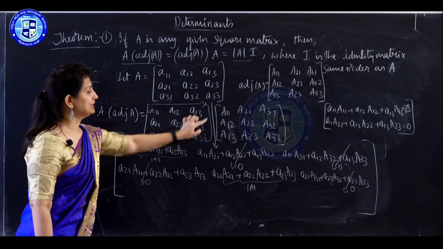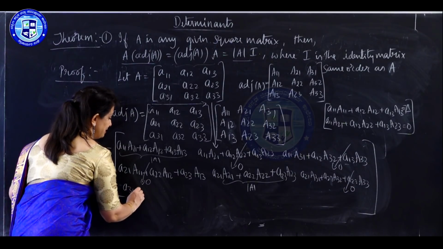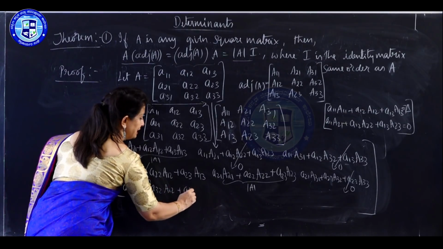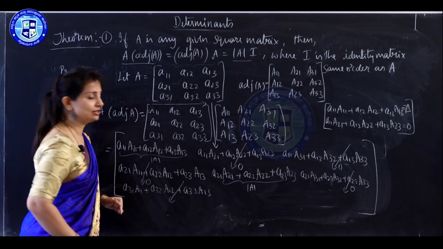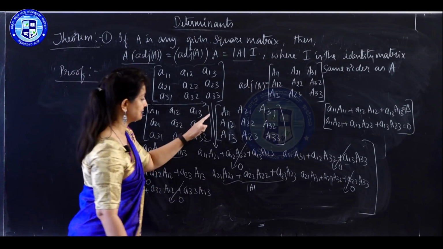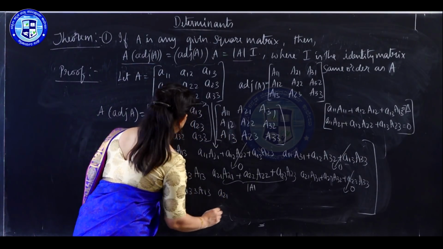Now finally, third row first column. Third row multiplied by first column: A31, A11, A32, A12, A33, A13. So, third row elements multiplied by the first row cofactor elements. So, it is 0.